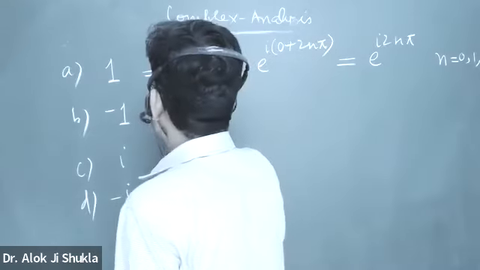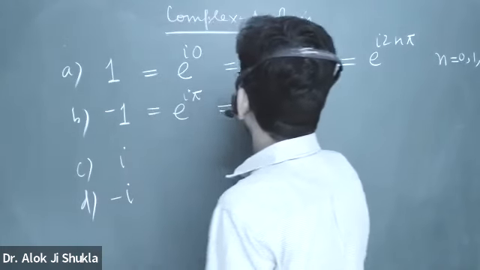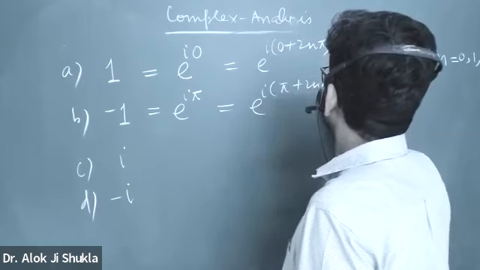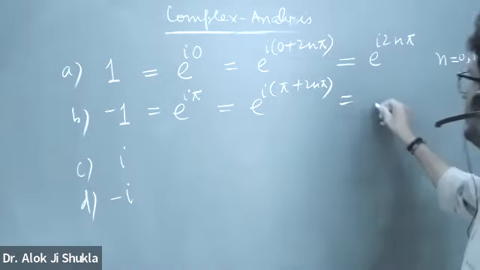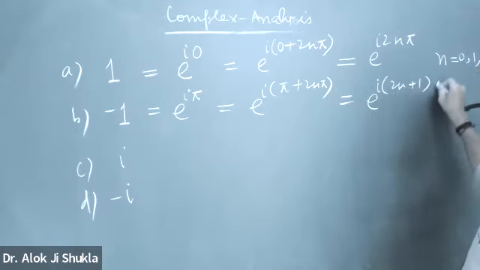-1 is e to the power iota pi. I told you just now. It will become e to the power iota pi plus 2n pi. This will become e to the power iota 2n plus 1 and pi.